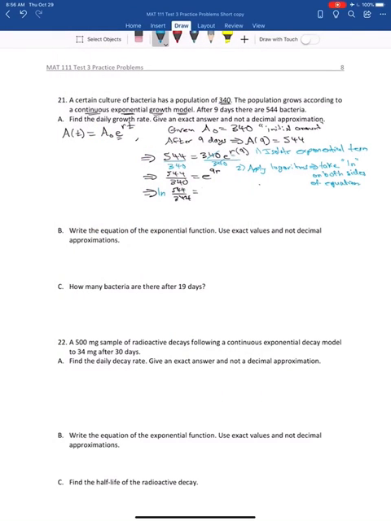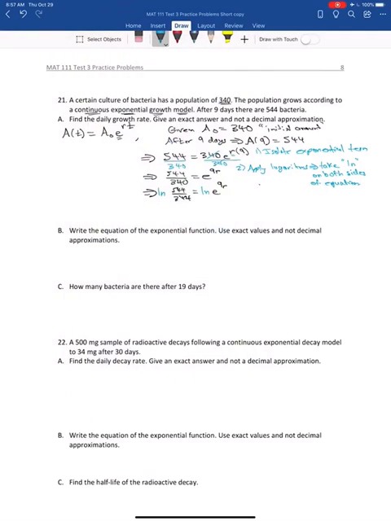Remember, ln is the abbreviation for log base e. I can take any log I want on both sides as long as it's the same base. But the reason I'm doing log base e is because I'm dealing with my natural number e in my exponential. So it allows me to use my composition property, or my same base property, that we learned in our log properties section. So let's simplify now.